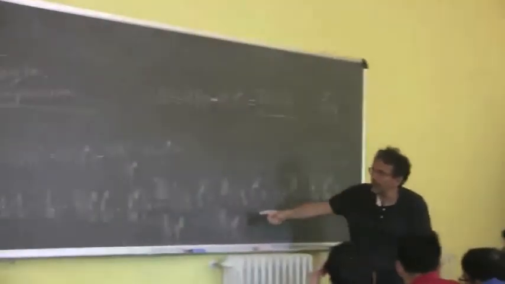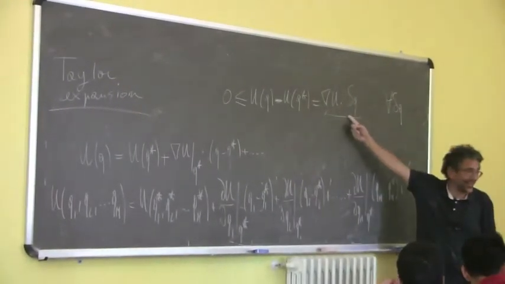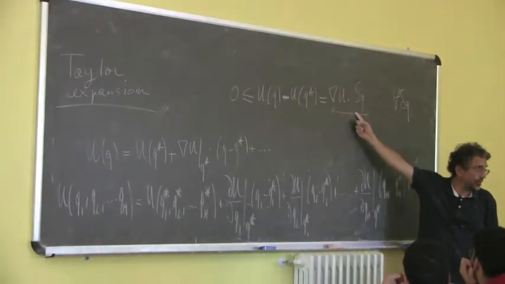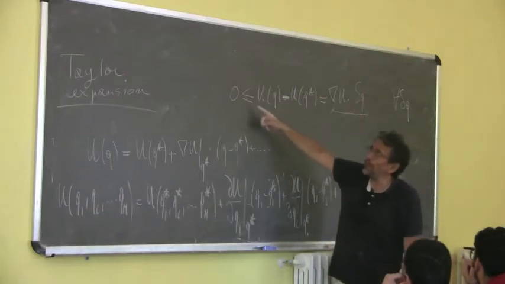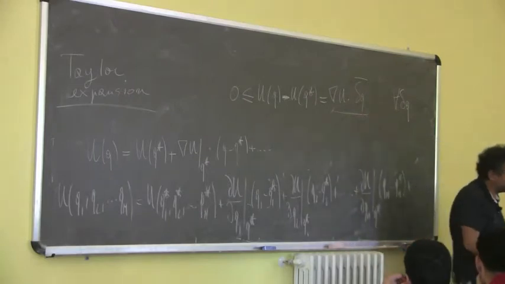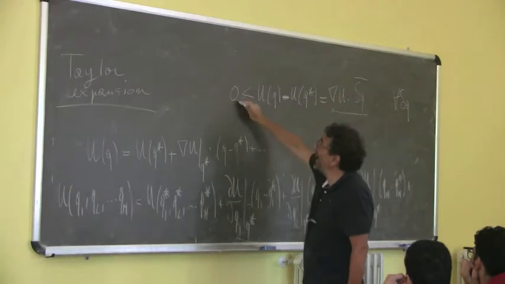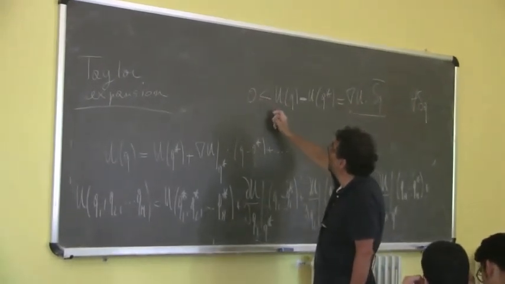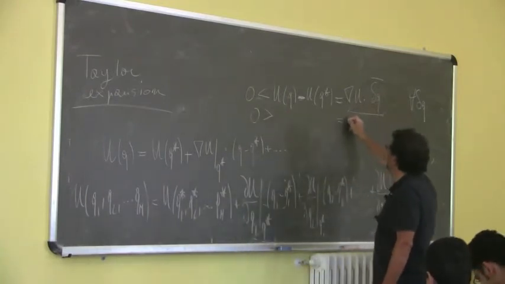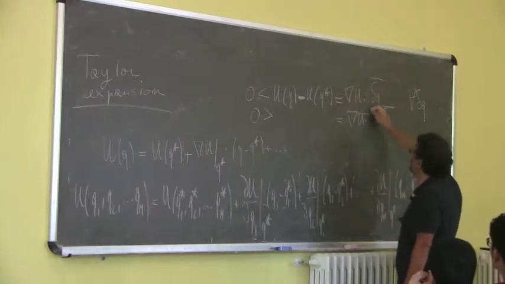Now, if you look at this expression down here, this is a linear function of delta Q. So, if this is positive for a certain delta Q bar, then it is negative for minus delta Q bar.